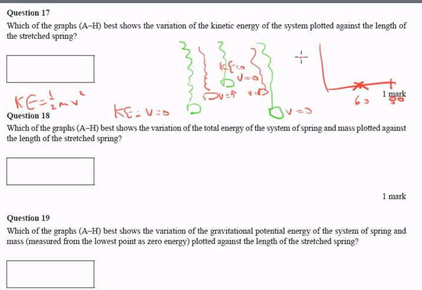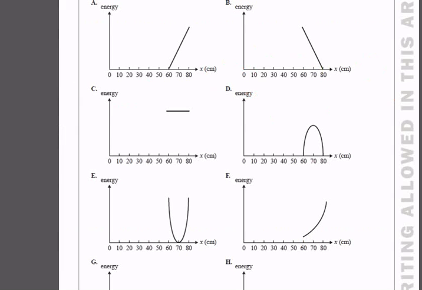So this is a graph of kinetic energy. At the bottom at 80 centimeter stretch, it's 0. At the top here, which is 60, and this is down the bottom, which is 80, it's both 0, and then it gets bigger as it goes through the middle and back down to 0. So which graph has something that looks like that? I'd say D is the answer to that one.